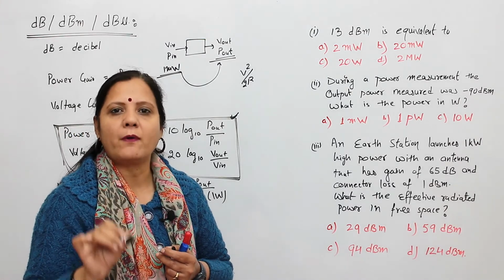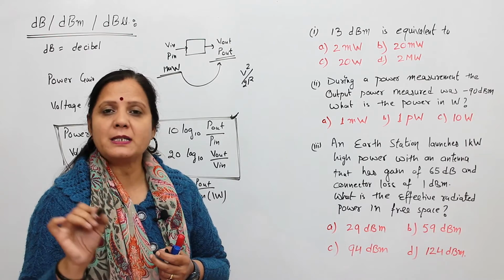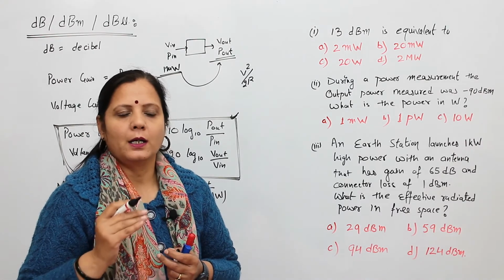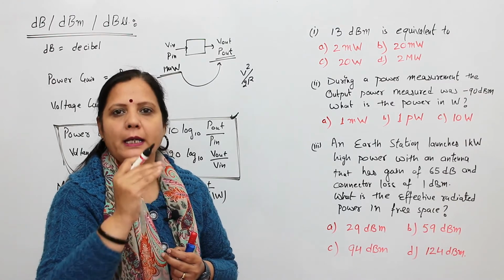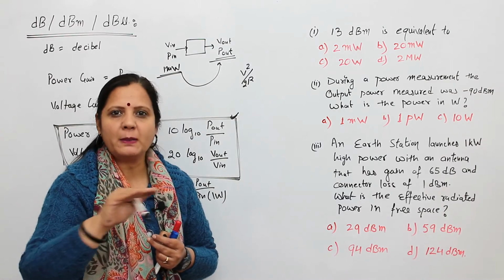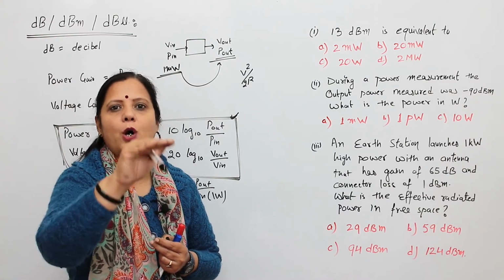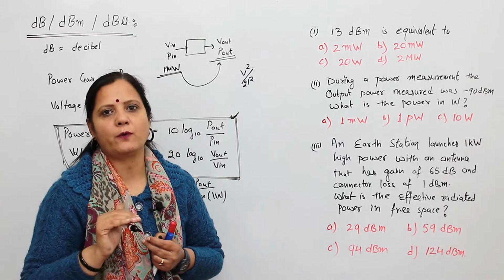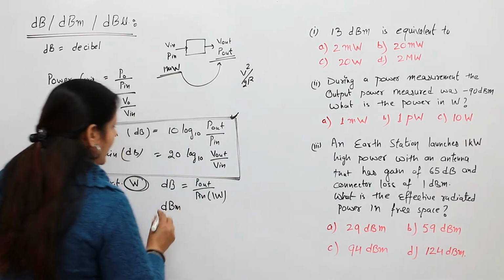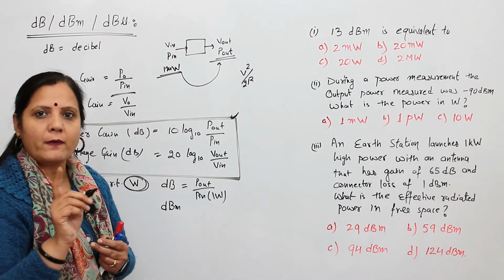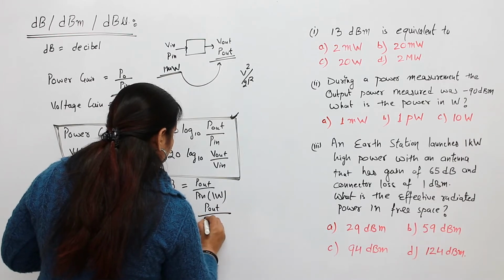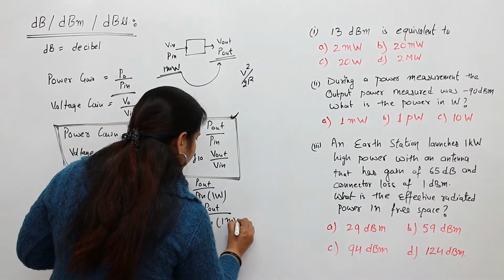This is a power unit representation with respect to 1 milliwatt. If the base power is 1 milliwatt, then how many times your power is larger than 1 milliwatt defines your gain in dBm. This is the basic difference when P input is 1 milliwatt.